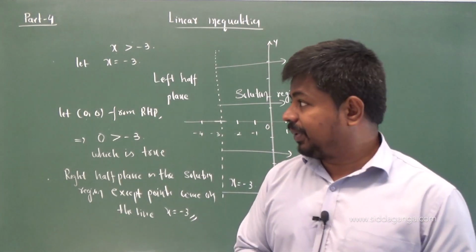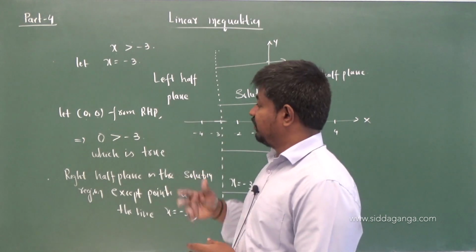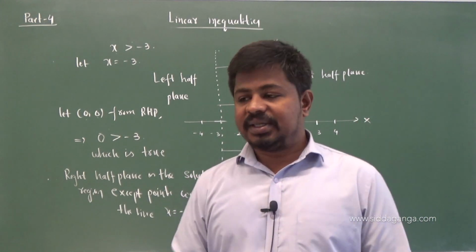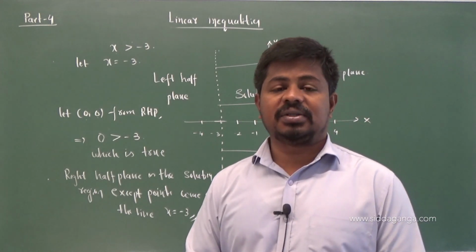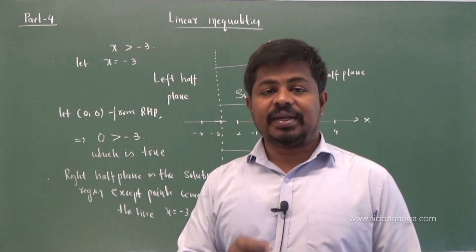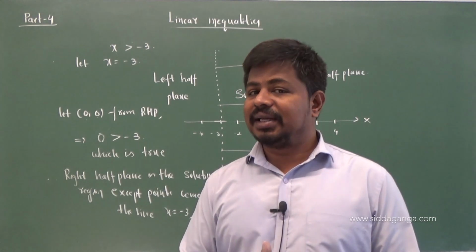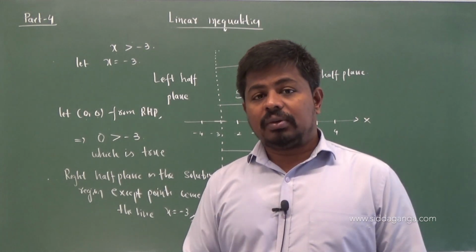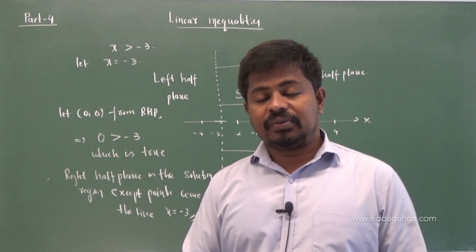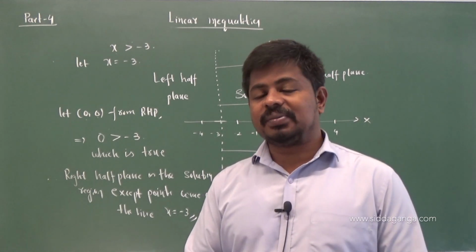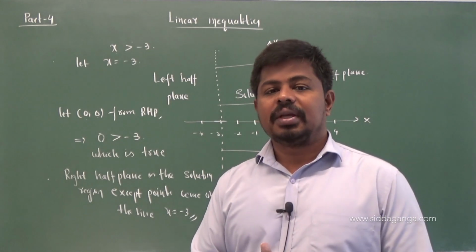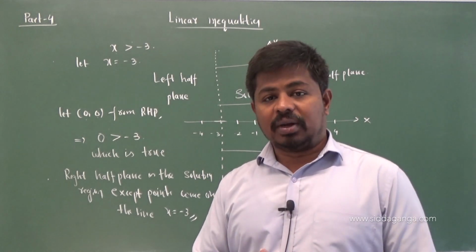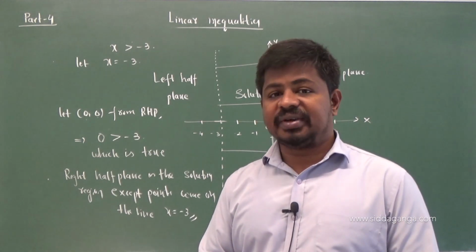In the last class we discussed how to find the solution for a single linear inequality. Now, we are going to solve a system of inequalities, meaning more than one inequality is given, and for that we are going to find the solution.